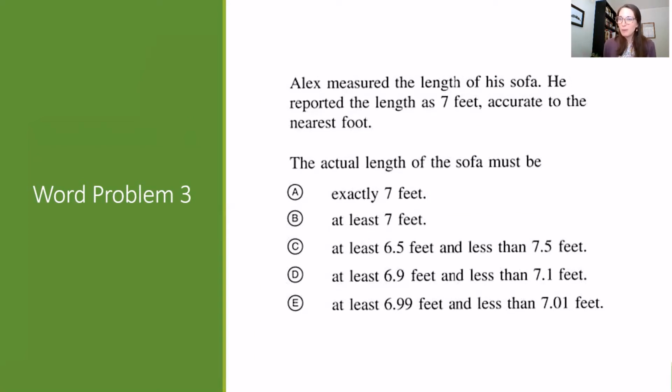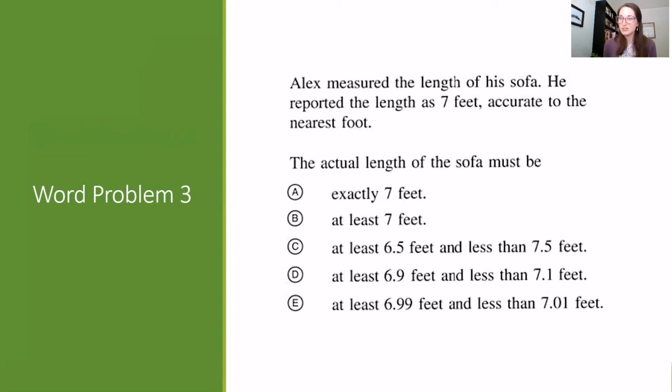Now I want you to think about what you know about rounding. When we're rounding a number, how do we decide when to round up or when to round down? Well, if the last number listed, and here they are decimals, is a 5, then we round up. And if the last number listed is below 5, then we round down.